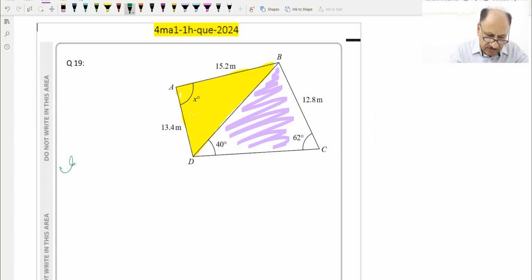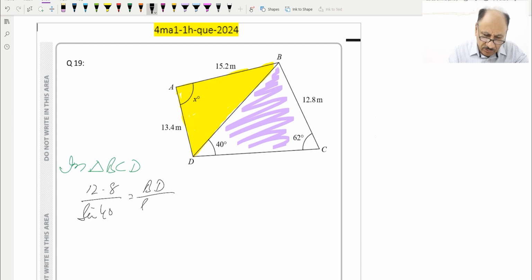So we write in triangle BCD, 12.8 over sine of 40 is equal to BD over, because we require BD, sine of 62 degrees.